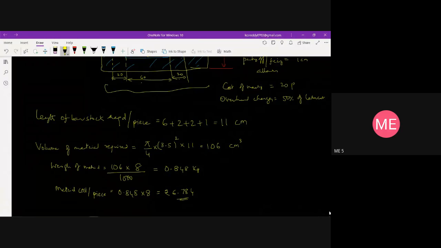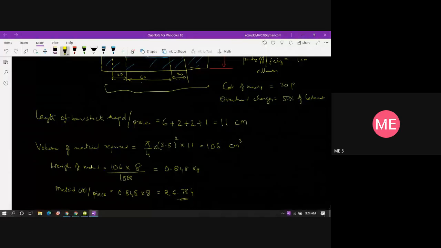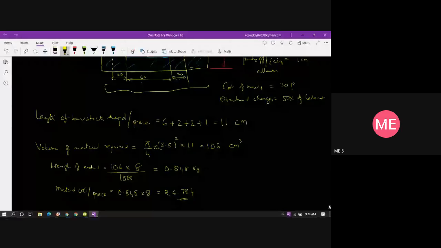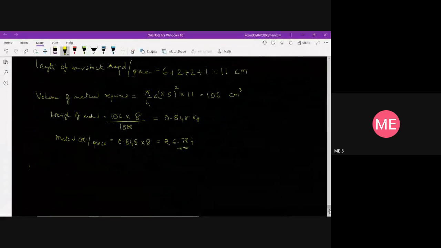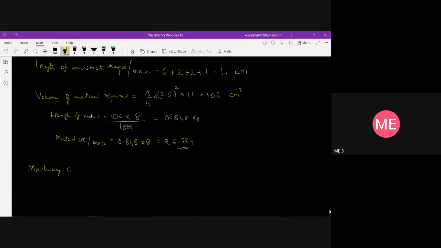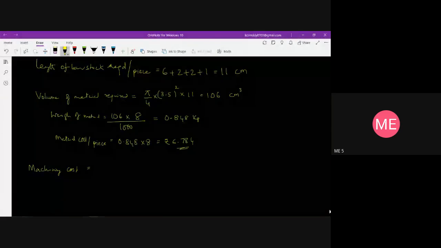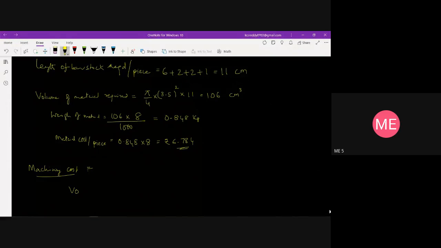Now we are going to calculate the machining cost. For that, we need to first find out the volume of material removed from the given bar stock.